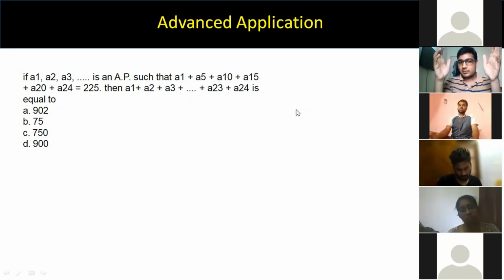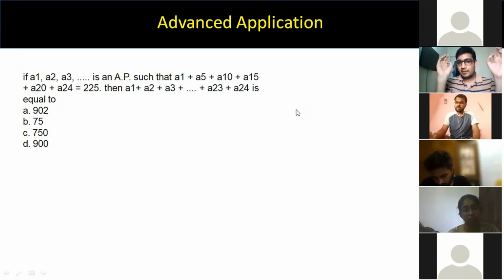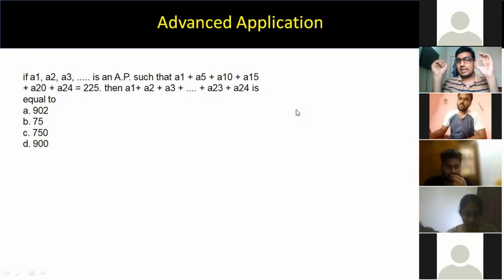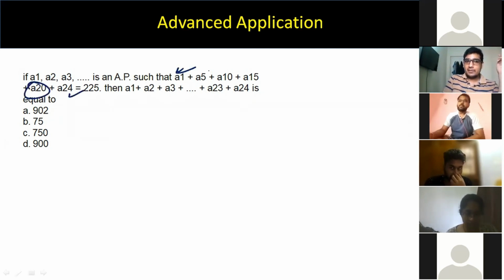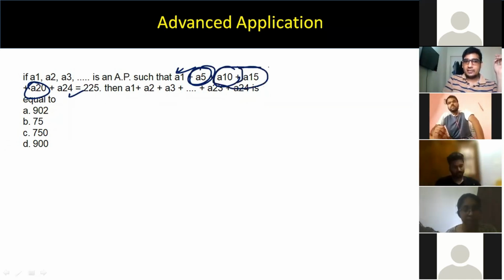Because these terms are in AP, can I say A1 plus A24 is equal to A2 plus A23, equal to A3 plus A22, and so on and so forth? So from here I can say A1 plus A24 is equal to A5 plus A20, equal to A10 plus A15, right?